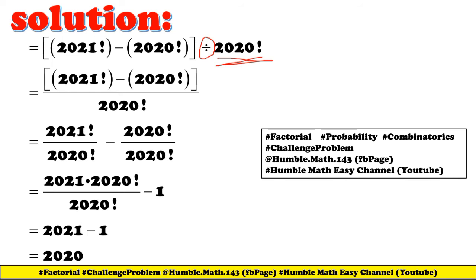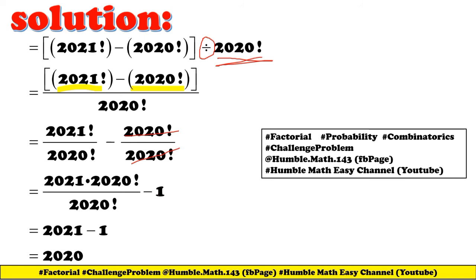Every term of the numerator is shared by the value of our denominator. So in the next step we have 2021 factorial divided by 2020 factorial, then the second term is 2020 factorial over 2020 factorial. Now we cancel this one because they are just the same, so in the next step we have minus 1.